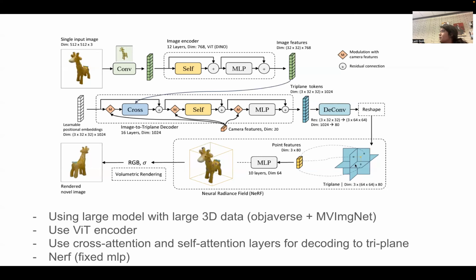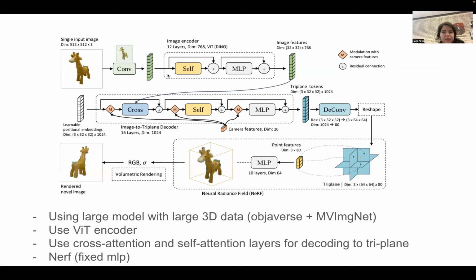After they get this triplane representation, they can use it as a NeRF with a fixed MLP for all objects, and get the NeRF, which is then rendered or turned into a mesh for use. One forward pass takes 5 seconds with the meshing, which is quite impressive.